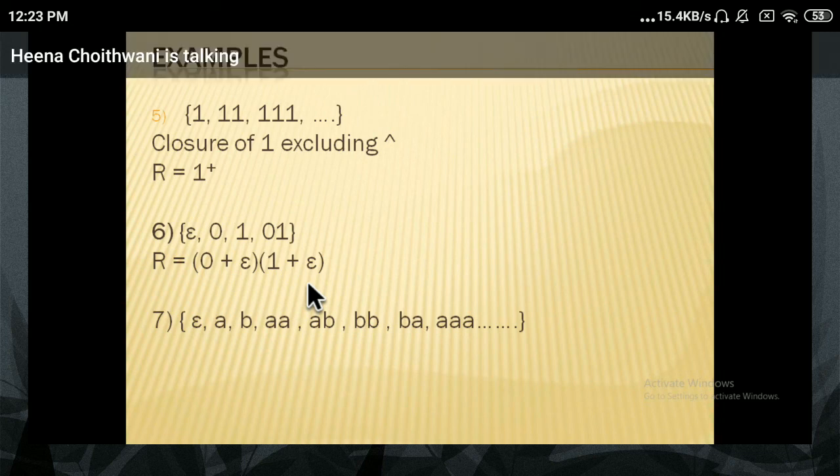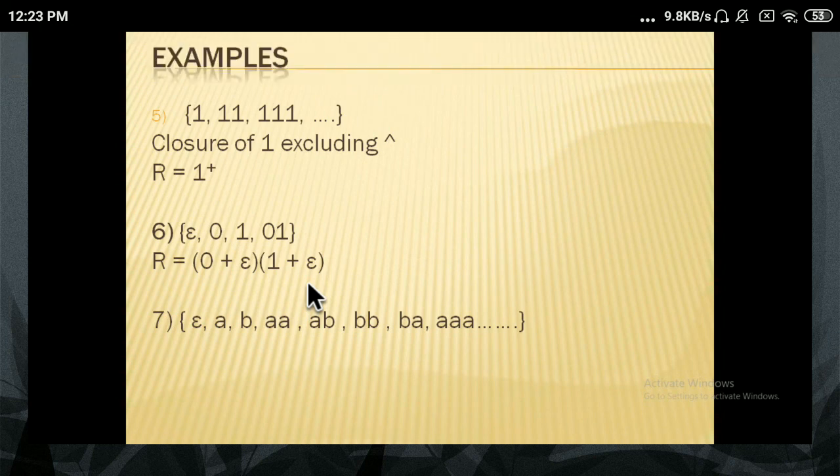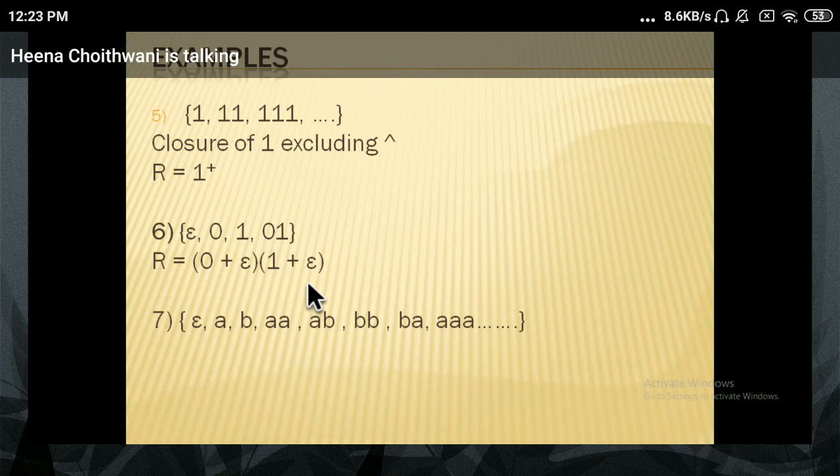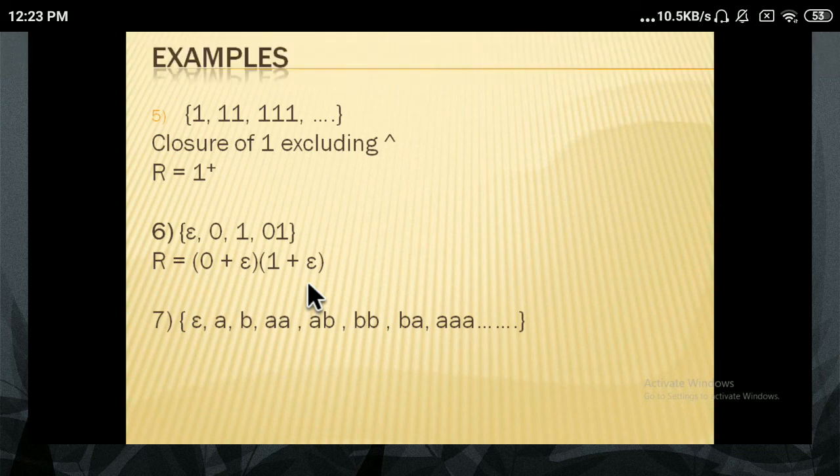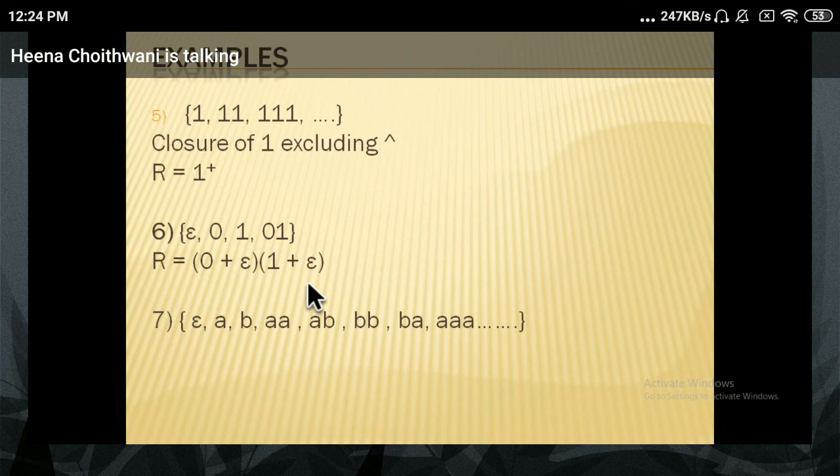Please look at these strings carefully and think. Let's consider the first three strings of this language, that is epsilon, A and B. If your language has only three strings, epsilon, A and B, how do you represent it in the regular expression?